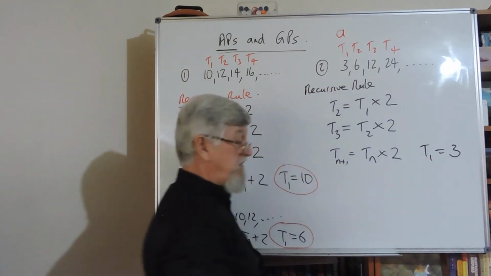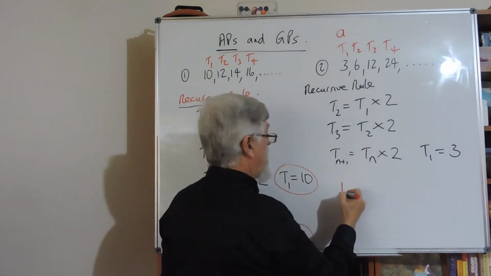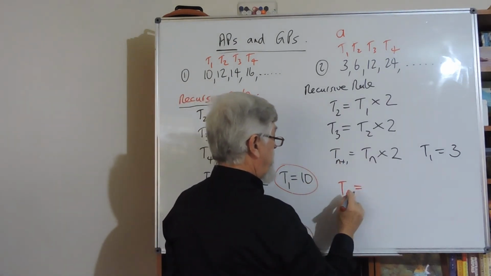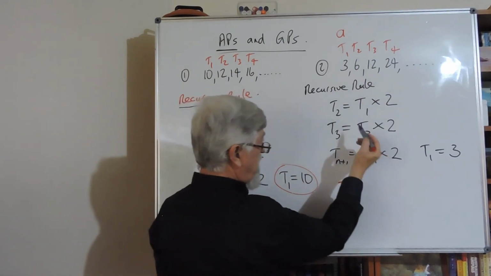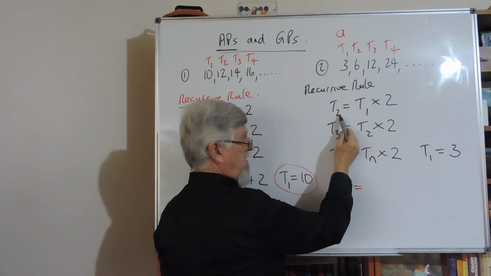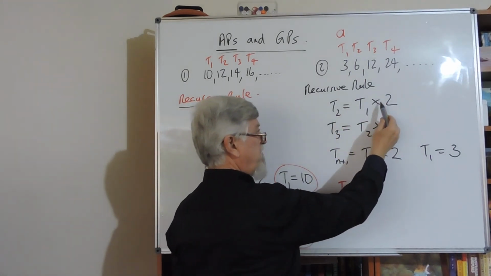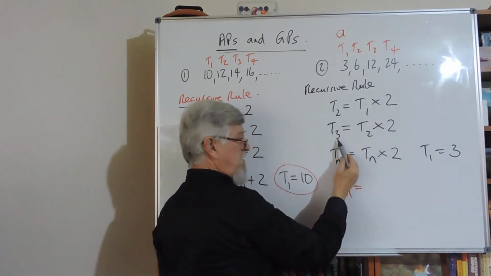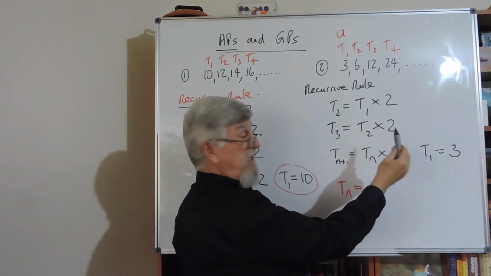Now here's what always does people's heads in. They go, well, what if I decide to write that one as an n? So if I wrote that one as n, let's look back to here. If I wrote that as n, it's in the second position. Over here it was the one before it, which was the first position, times by 2. This one here, third position. That one was in the second position, and then you times it by 2.